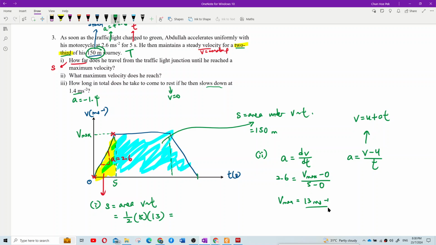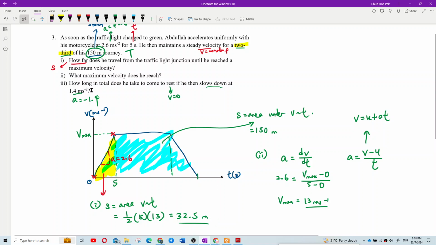So I got 32.5 meters. That's it, class. So that is the answer for number 1. He traveled 32.5 meters from the traffic light until he reached maximum velocity. This is the distance he moved before he reached maximum velocity.